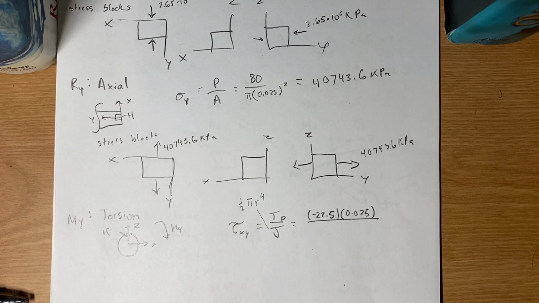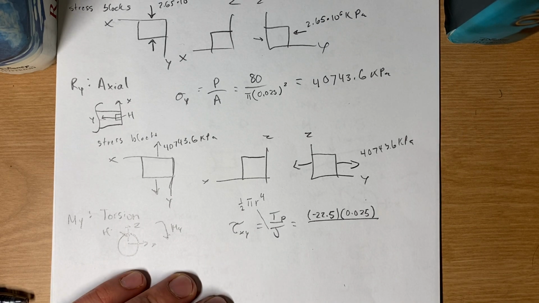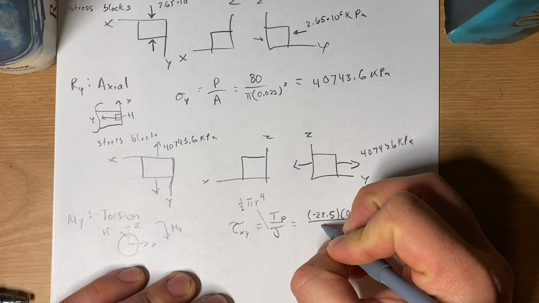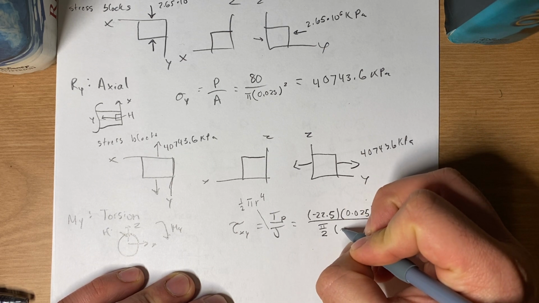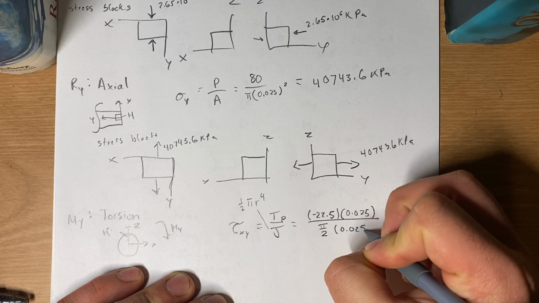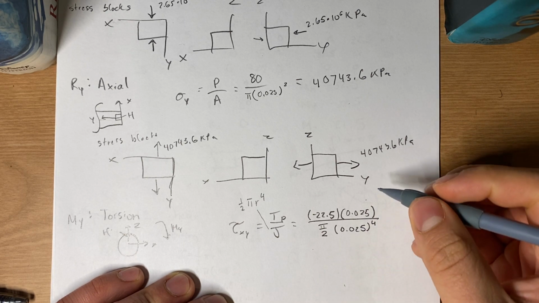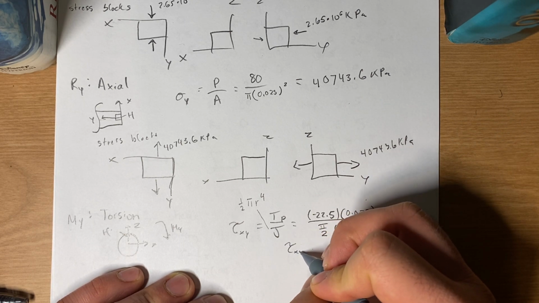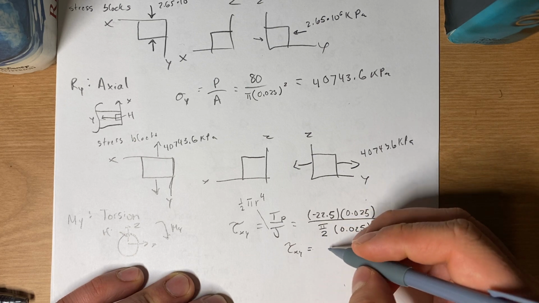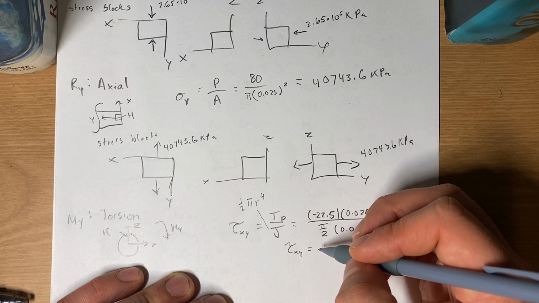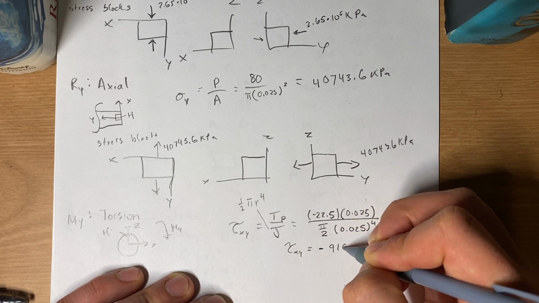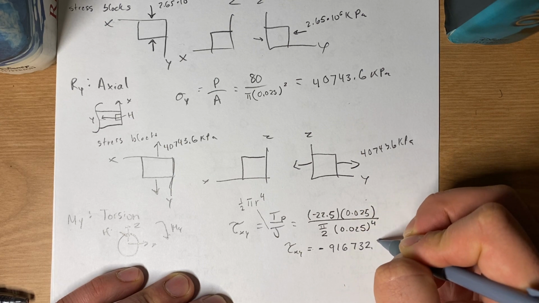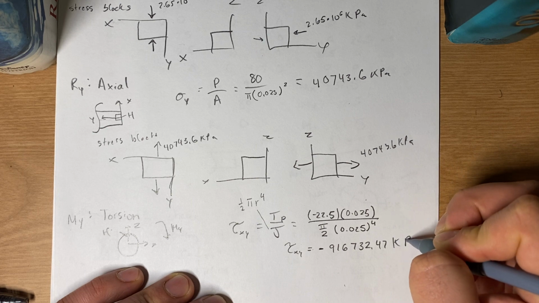So if I plug in my values, it is pi over 2, and then my radius is 0.025 to the power of 4. If I plug this into my calculator, I am left with a value of negative 91672.47 kilopascals.